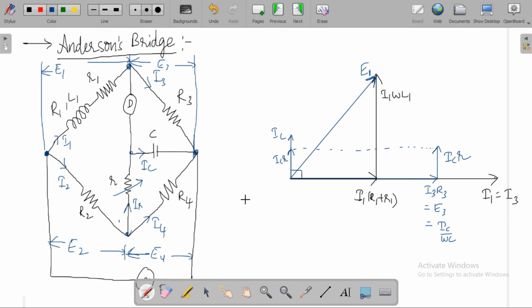Now the phasor sum of the voltage across this and the voltage across this gives what? E4, the voltage across R4.